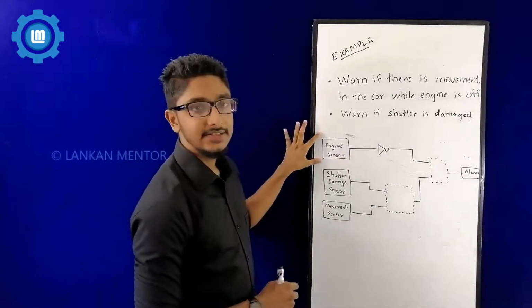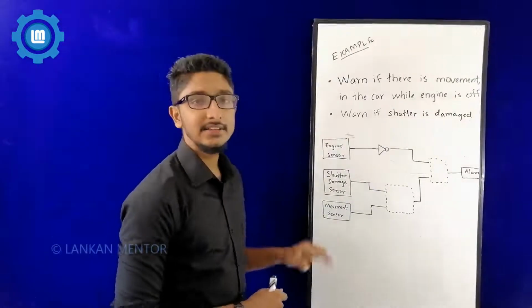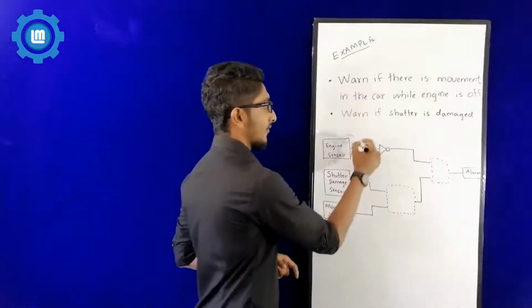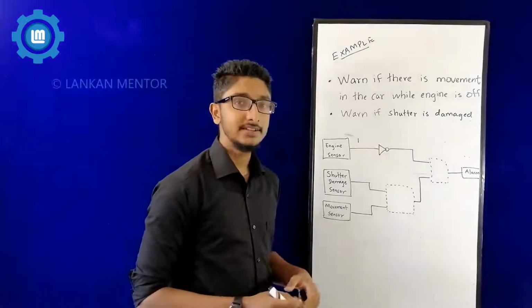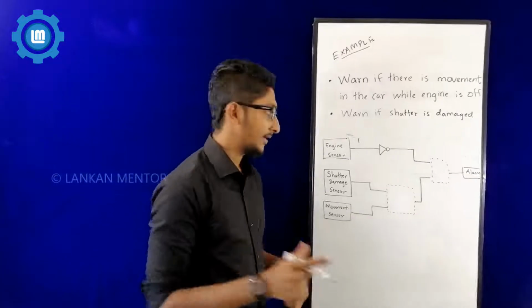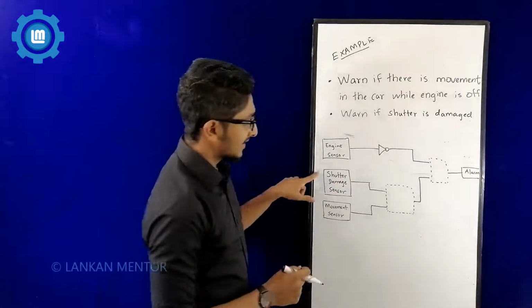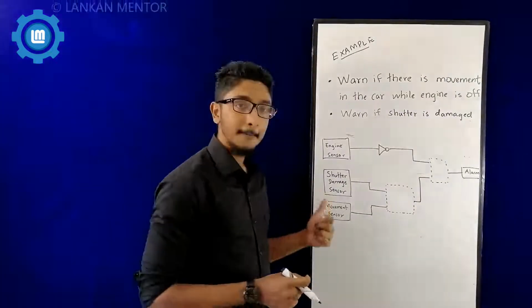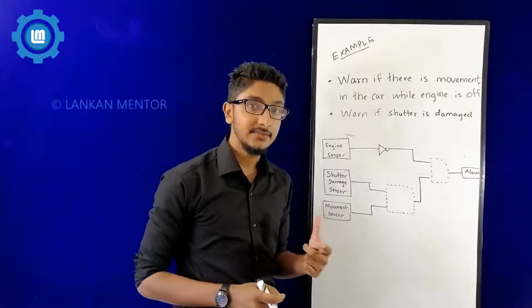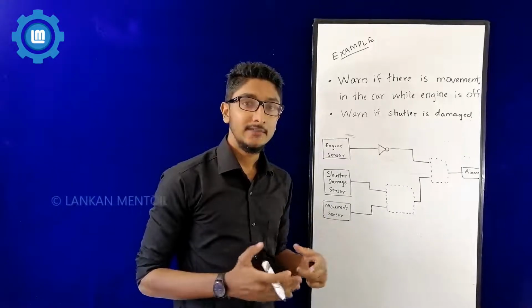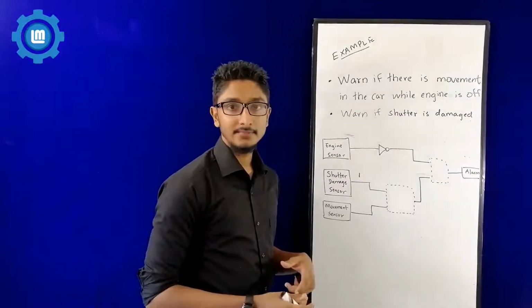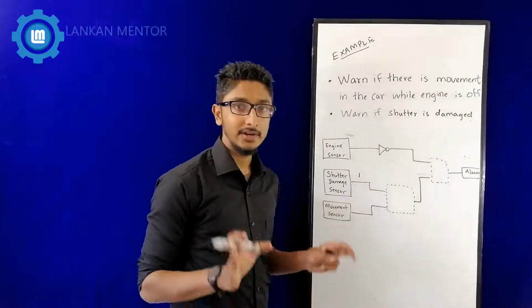One is the engine sensor to see whether the engine is on. If the engine is on, it would be 1, right? And the shutter damage sensor. So this sensor would see what? If there is damage to the shutter, if a window is broken, it would become 1.